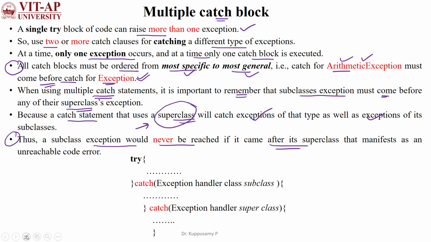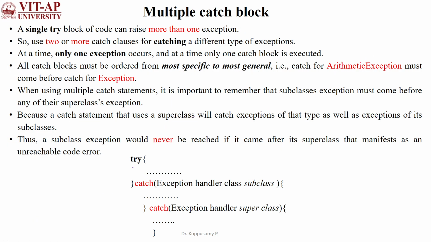The syntax for multiple catch blocks is given here. A try block has a number of statements. For each statement you can write one catch block: for the first one a catch block, for the second line another catch block, for the third line a third catch block. Like that, for each exception you can write one separate catch block.